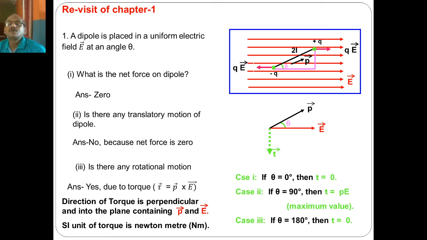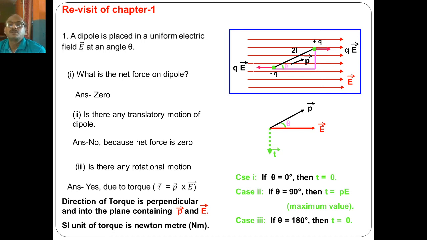So now consider an external force trying to displace this dipole opposite to the field without any angular acceleration, meaning the angular speed is infinitesimally small.